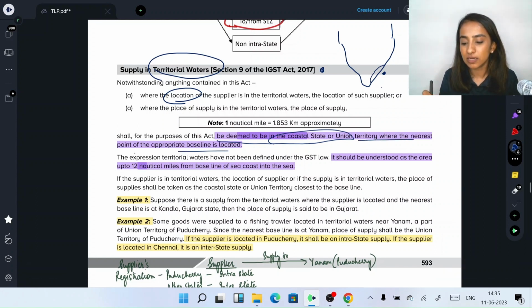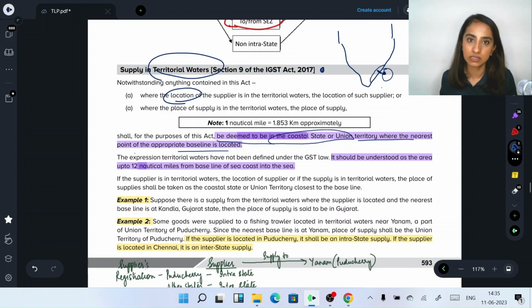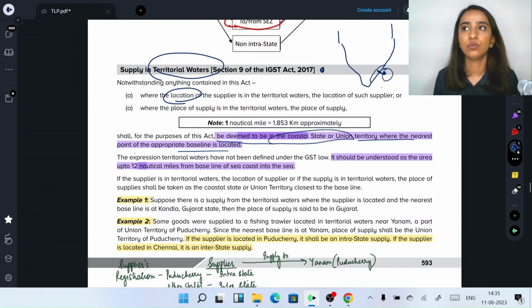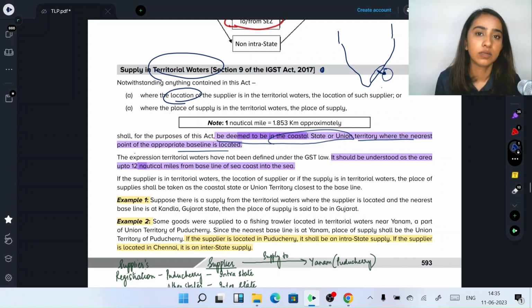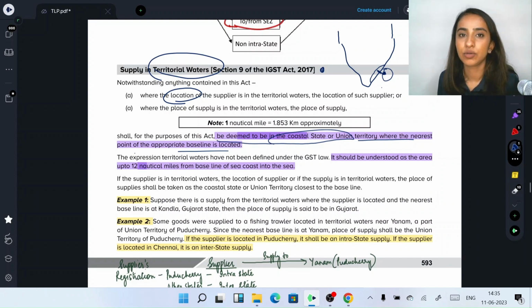So let's say the nearest baseline is in Kerala. If this supplier makes any supply of GST from this point, whatever is the nearest coastline will be considered as the place of supply. As simple as that. In questions they will give you that the nearest coastline was Vizag, or the nearest coastline was Kerala, and he supplied from the territorial waters.